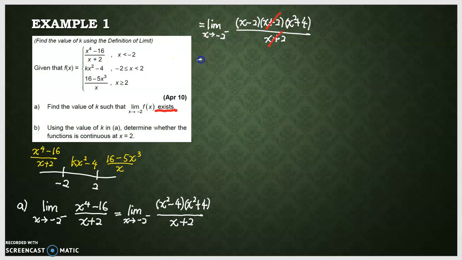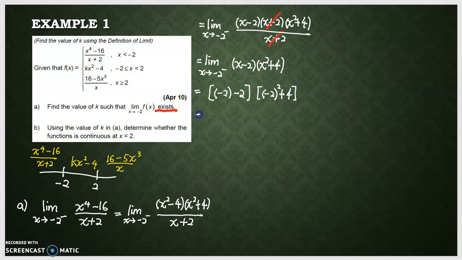So the limit when x approaches negative 2 from the left hand side, what we have here is x minus 2 times x squared plus 4. Then we substitute the value. So negative 2 minus 2, and then negative 2 squared plus 4.